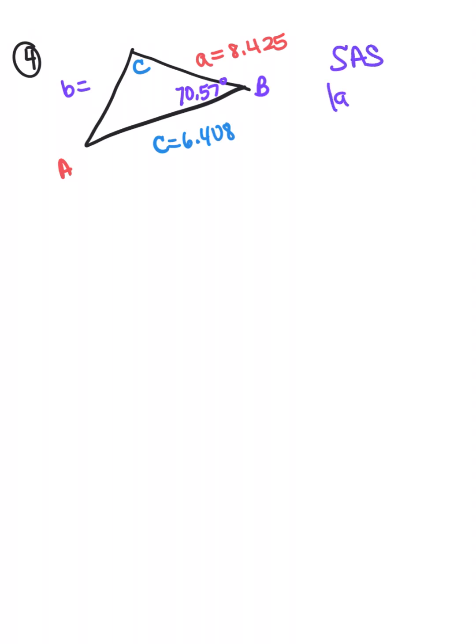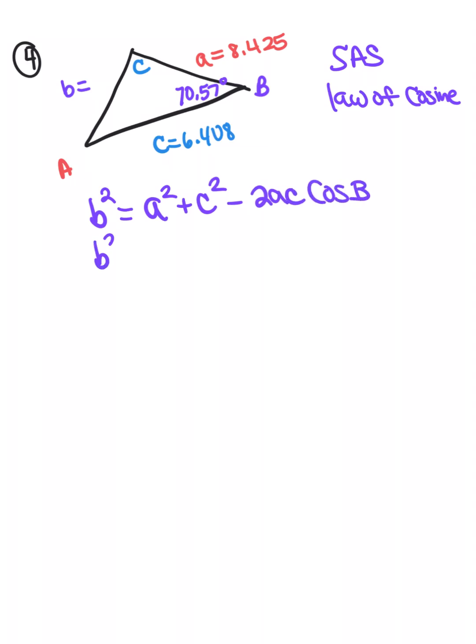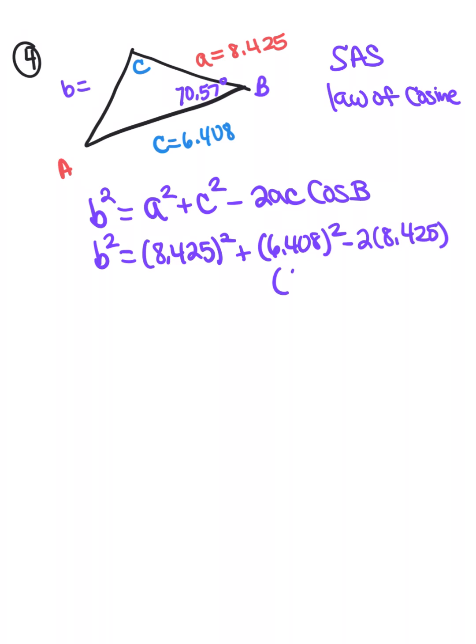So we're going to use law of cosine to find B. B squared is equal to A squared plus C squared minus 2AC cosine of B. So B squared is equal to 8.425 squared plus C is 6.408 squared minus 2 times 8.425 times 6.408 times cosine of angle B, which was 70.57.